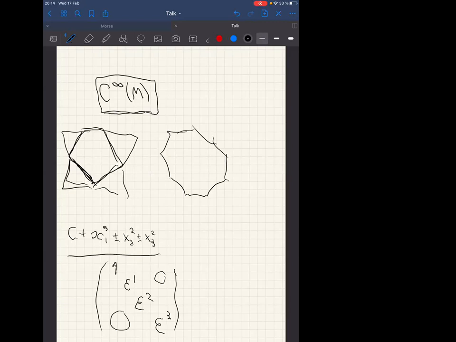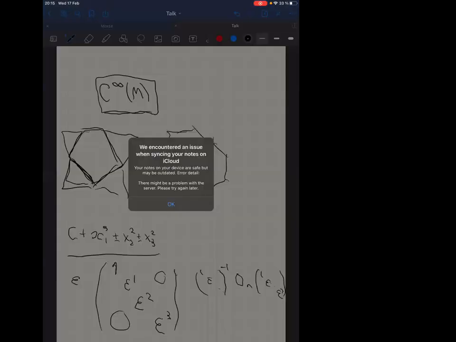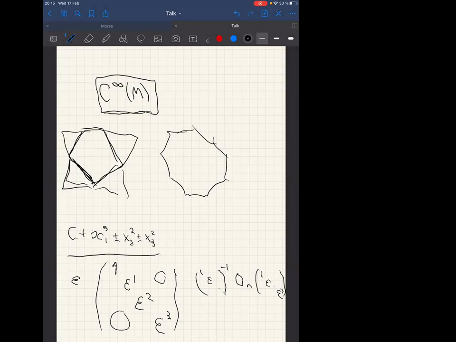So it depends on one parameter, epsilon. We take such a function and conjugate the orthogonal group by this matrix. And I claim that in the limit we will have the unitriangular group.